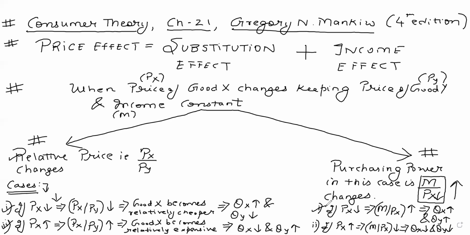An increase in purchasing power allows the consumer to consume more of good X and good Y. On the other hand, when Px goes up, then good X becomes more expensive, purchasing power goes down. A fall in the purchasing power causes a fall in the quantity of good X and good Y both. So Qx also falls and Qy also falls.